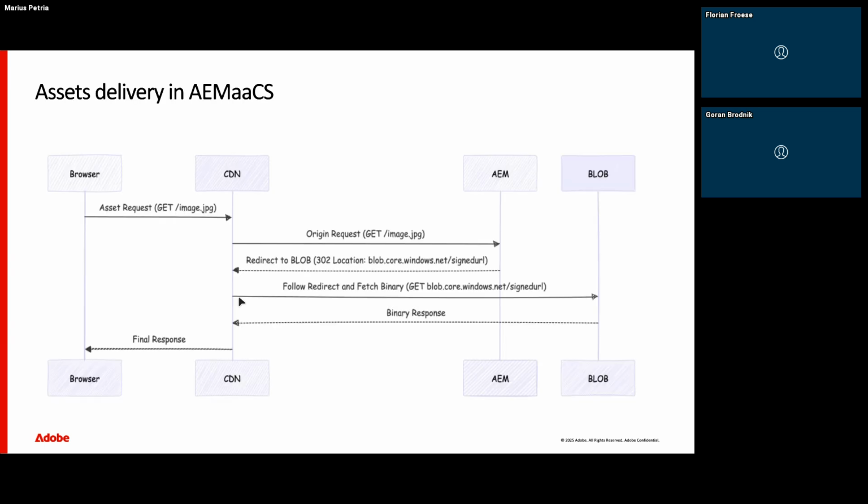I had here a diagram of how the blobs are served, but I will just leave the diagram and mention that if you want to set up custom headers on blob responses, you should use response transformations. So with that, I conclude my introduction, and I will hand it over to Quentin to speak about redirects and traffic filters.